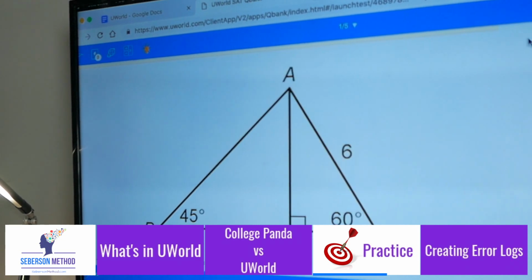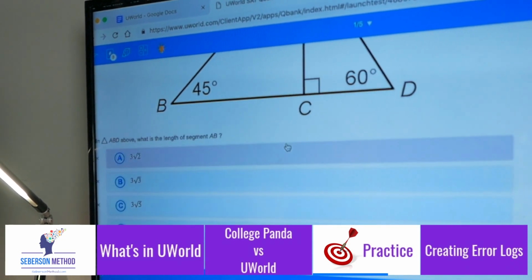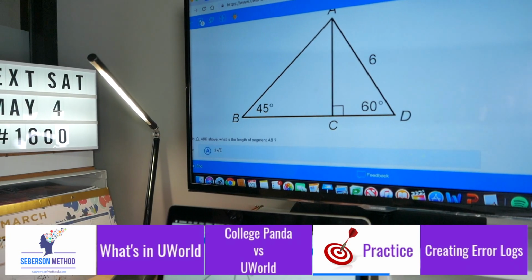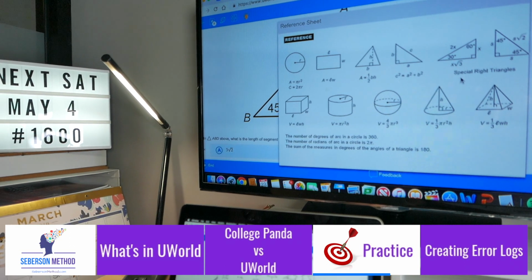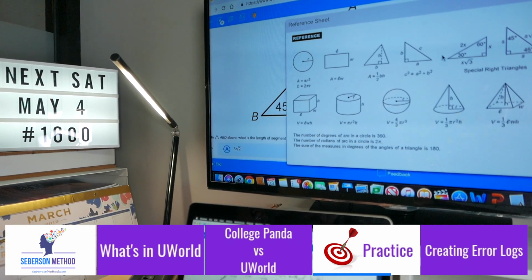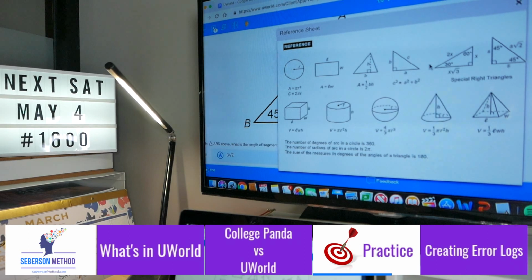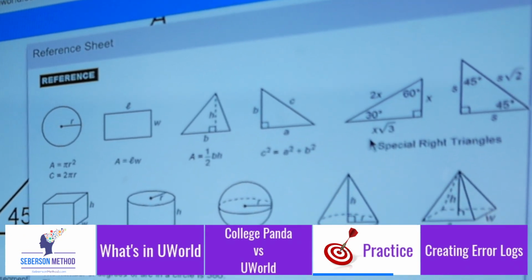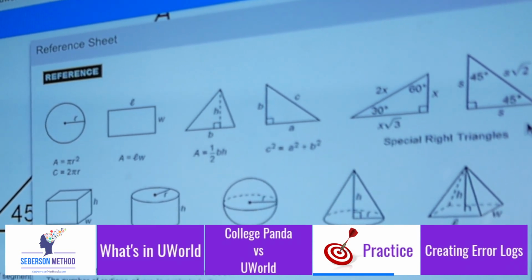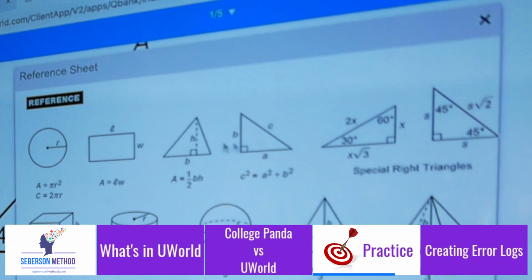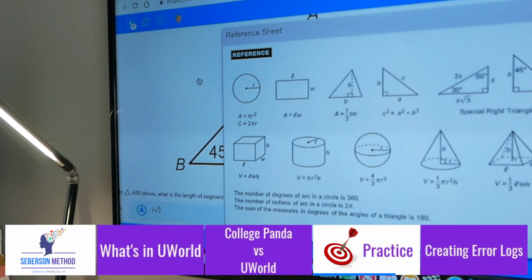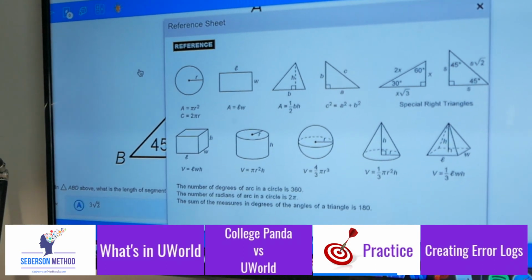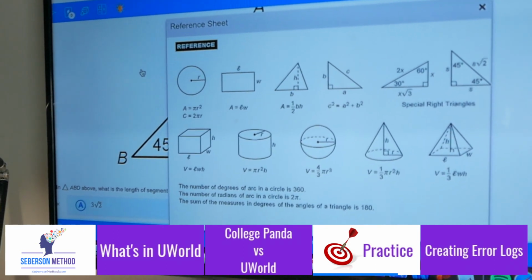So let's see what our answer choices look like. If this is 3 root 3, oh god, I do really have to solve this without a calculator? Fine. So 3 root 3 times root 2.